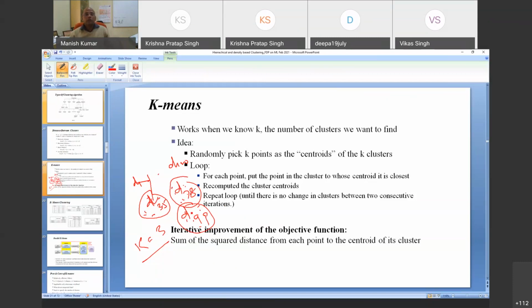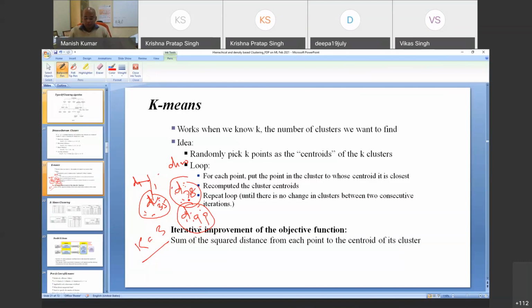Okay, and the demerit of k-means is that it cannot handle noise, because all the points will be mapped to some cluster. So the problem that comes with noise in the data is that if your data has noise, then 1 or 2 clusters may be biased towards the noise.